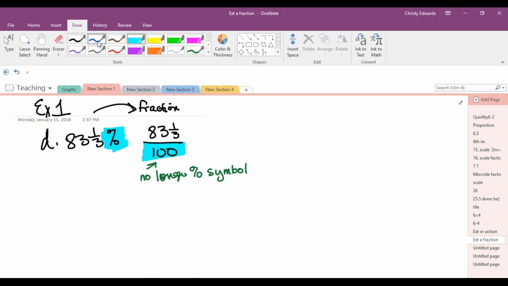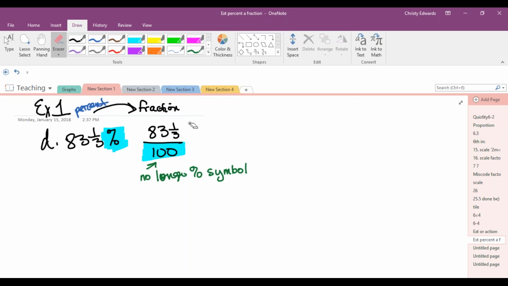They're switching back and forth between the form of it where you write a percent symbol and the form of it where you write over 100. If you try to leave the percent on it, then this whole thing's supposed to be over another 100. Do you see the problem with that? You either have a percent on it, no divided by 100, or you have it divided by 100, no percent. Both mean over 100, but you can't pile them on top of each other.